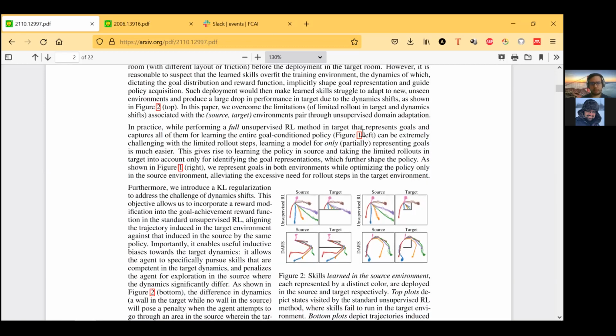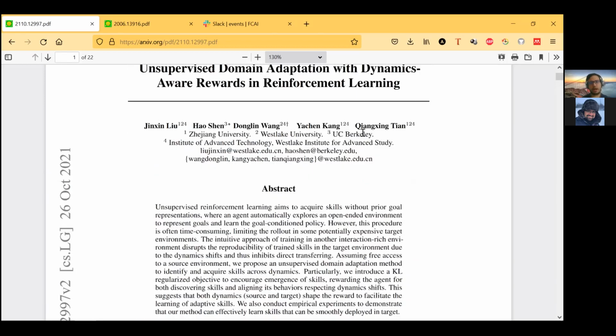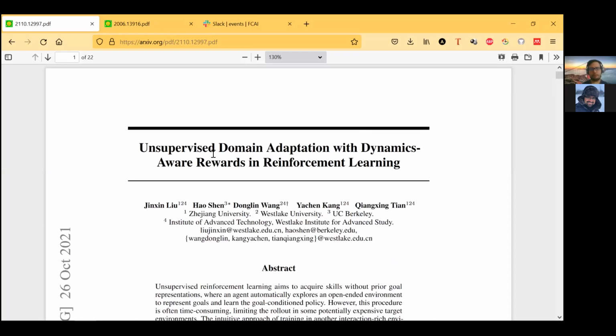So although it's not trying to solve a specific goal, and it has this domain adaptation part, it will all boil down to just a reinforcement learning task. And so the goal is to phrase these two kinds of objectives, the unsupervised part and the domain adaptation, as rewards.